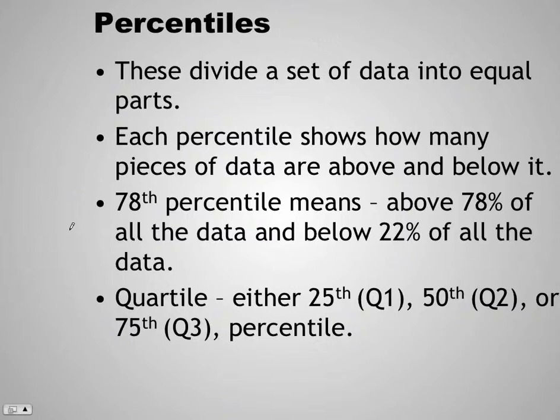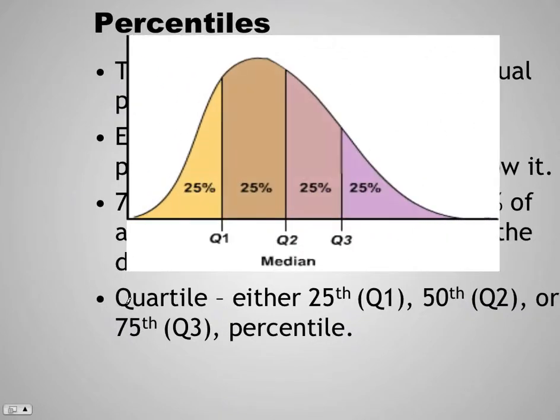Now, within percentiles, we also talk about things called quartiles. And you can see the word quart right there. So these are fourths. So this is the 25th percentile, which is quartile 1, 50th percentile, which is quartile 2, or the 75th percentile, which is quartile 3.